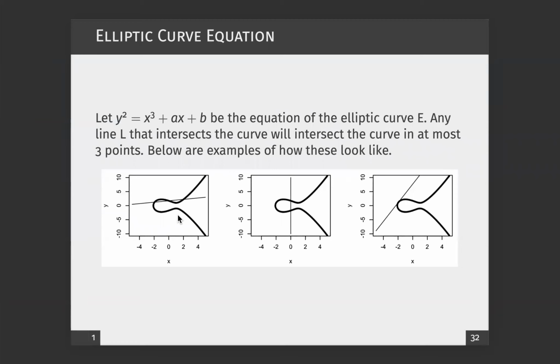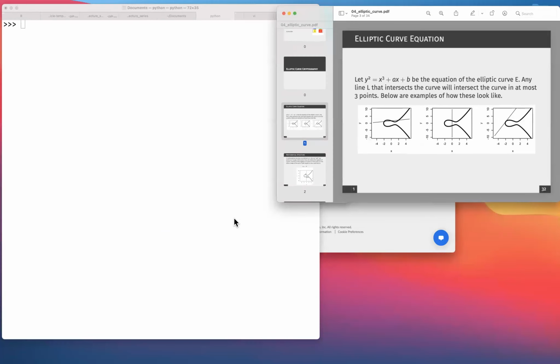An elliptic curve has nothing to do with ellipses. So this is the equation, where A and B are real numbers. Okay, thank you.